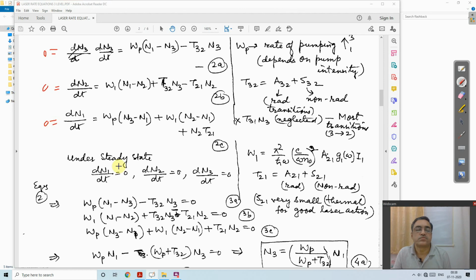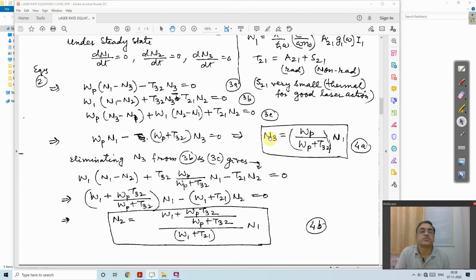So we can put all these equal to 0, and we have got three equations. Using these equations, we can simplify them. You see, it is very easy to simplify putting this equal to 0. I have Wp N1 minus (Wp plus T32) N3 equal to 0. So I obtain, in terms of N1, the value of the number density N3 equal to Wp by (Wp plus T32) N1.